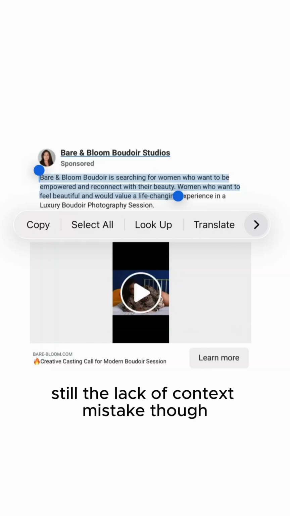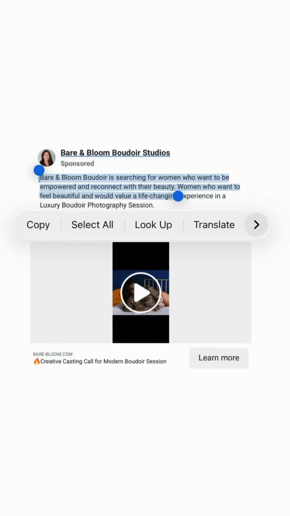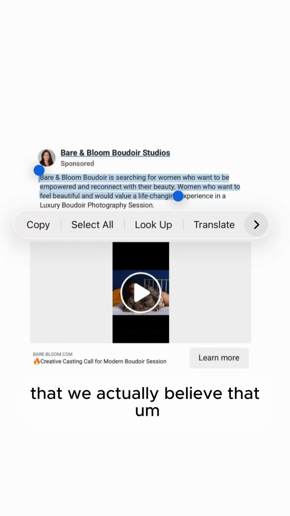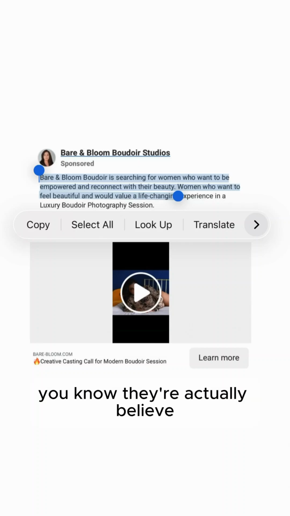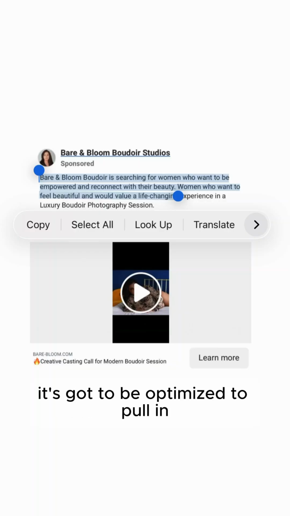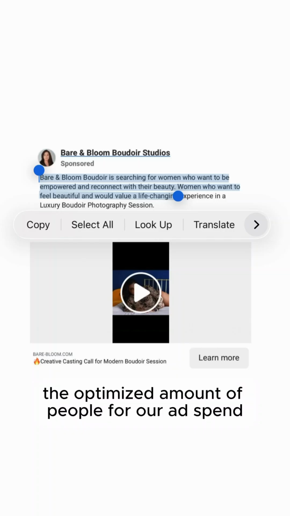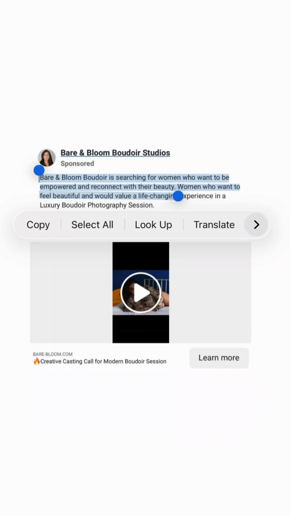Still, the lack of context mistake though. The false belief that caused us to make this mistake is that we actually believe we've got the correct amount of context here. It's got to be optimized to pull in the optimized amount of people for our ad spend and get the wrong people to scroll on by. So the consequence of this is way more people are going to be scrolling by our Boudoir Facebook ads than necessary.